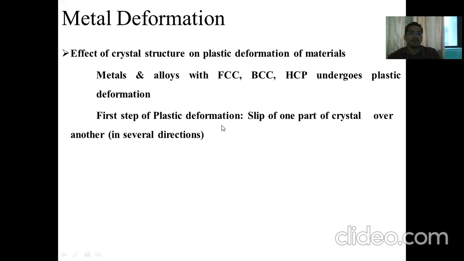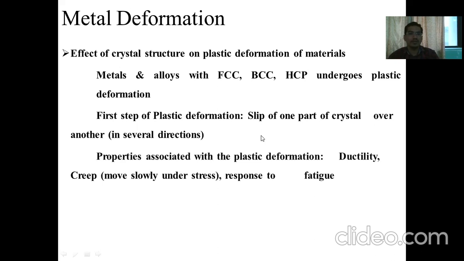So the first step of plastic deformation is the slip. Slip of one part of a crystal over another in several directions is a deformation. Then second, the properties associated with plastic deformation are ductility, response to fatigue, etc. Now we will see the mechanism of elastic and plastic deformation.